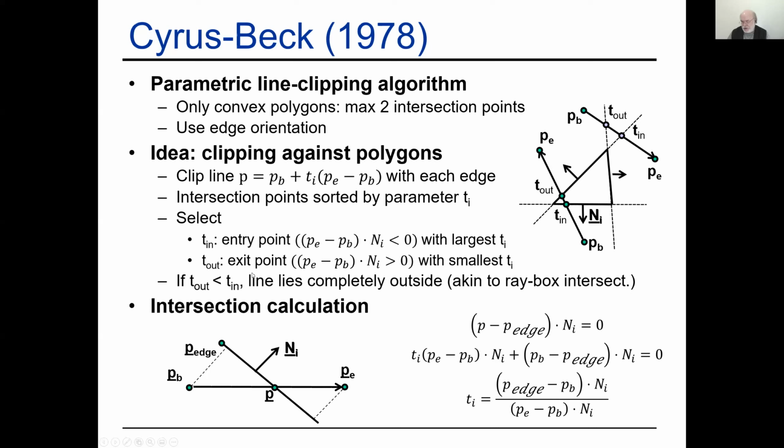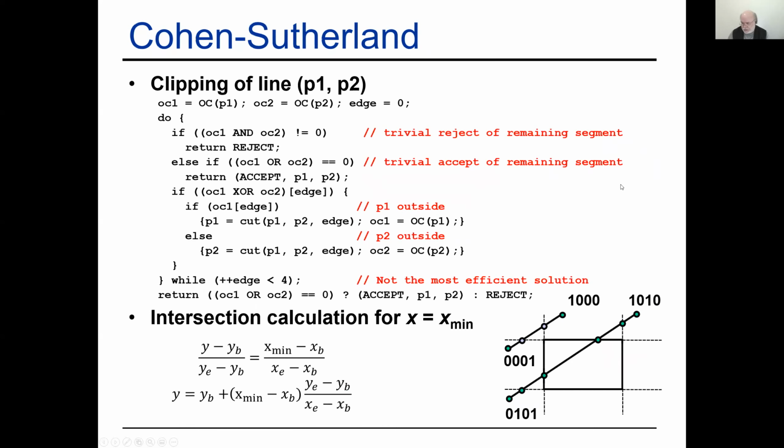And the exit point is the smallest Ti for all the exit points, right? You can easily see this here in the upper right, beginning and end point. We're only interested in the line segment between the beginning and the end point. But of course, the parametric form here is for the entire infinite line, right? And so the values Ti that we're computing are for, oops, sorry.